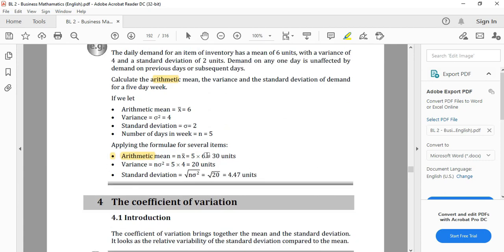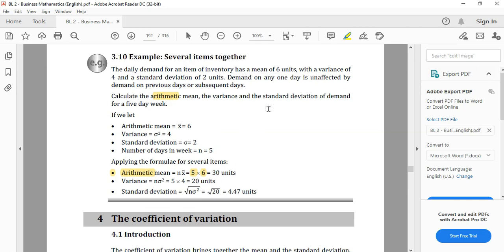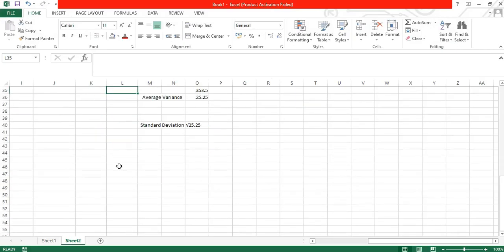Now in the arithmetic mean, you multiply the mean by the total number of days, because the days is what affects the mean. So if you multiply by the days, you get the number of units, because what is this mean of 6 units? That means per day I will be having 6 units.